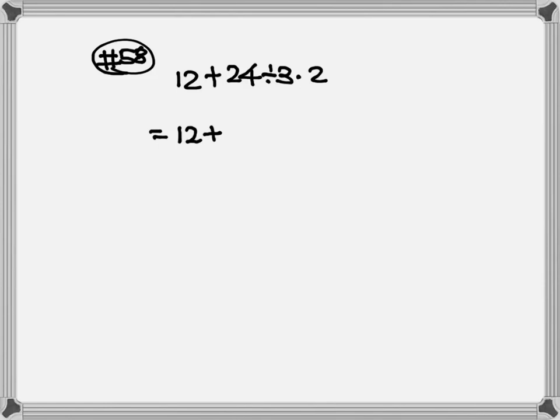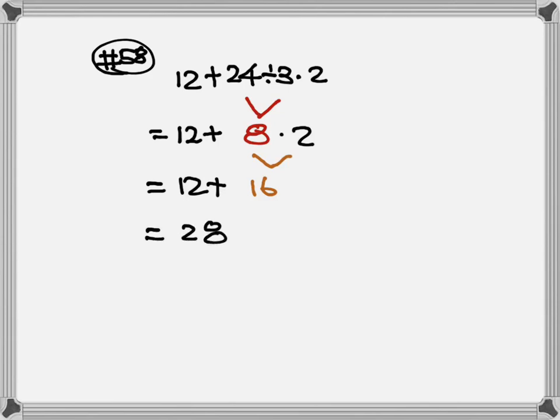So keep the 12 plus. Then here we're going to divide first because division comes first. So 24 divided by 3 gives me an 8. Bring down the times 2. Keep the 12. Keep the plus. Now here we have 8 times 2 equal to 16. So the last step, 12 plus 16 equal to 28.